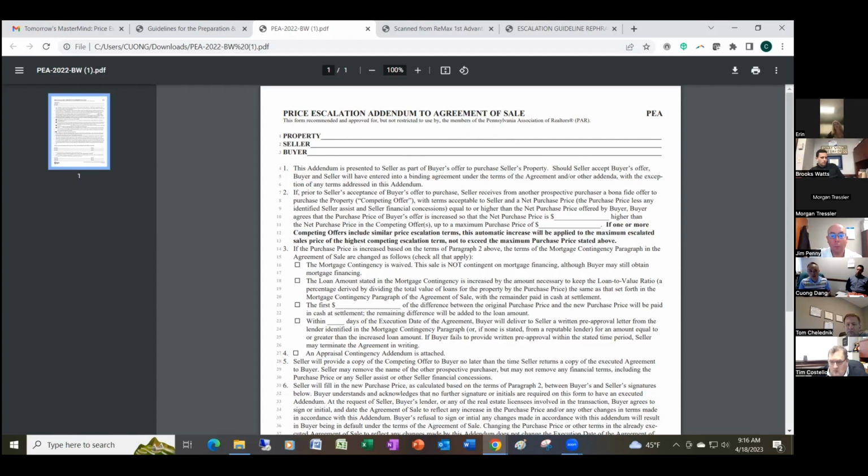Okay. The next checkbox, the loan amount stated in the mortgage contingency is increased by the amount necessary to keep the loan to value ratio, a percentage derived by dividing the total value of loans for the property by the purchase price, the same as that set forth in the mortgage contingency paragraph of the agreement of sale, with the remainder paid in cash at settlement.